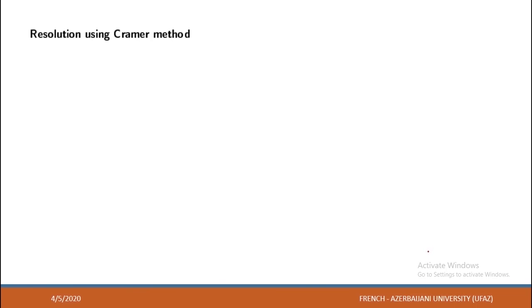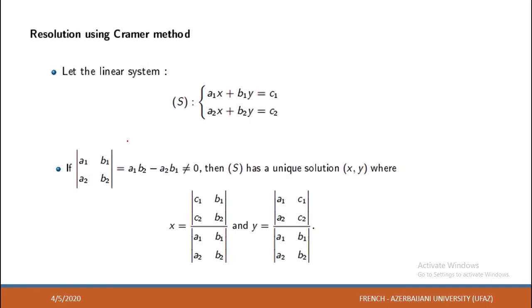Resolution using Cramer method. Suppose that we have this linear system. If the determinant a1, b1, a2, b2 is different from 0, then this system has a unique solution x, y. And x is defined by this expression, y is defined by this one.